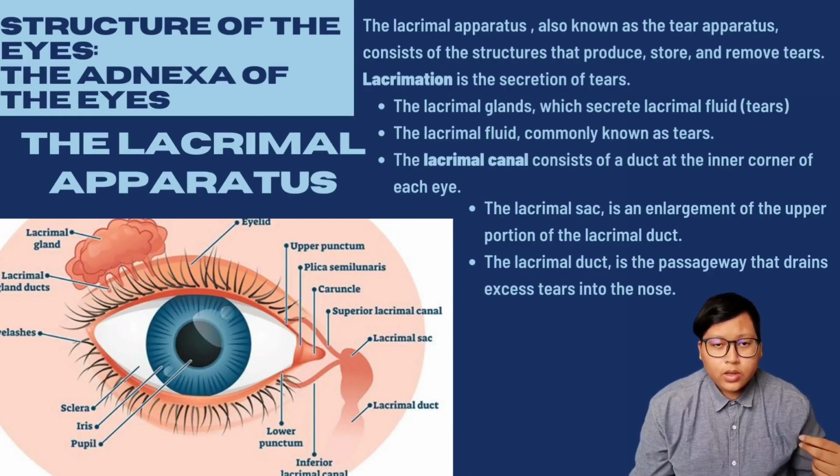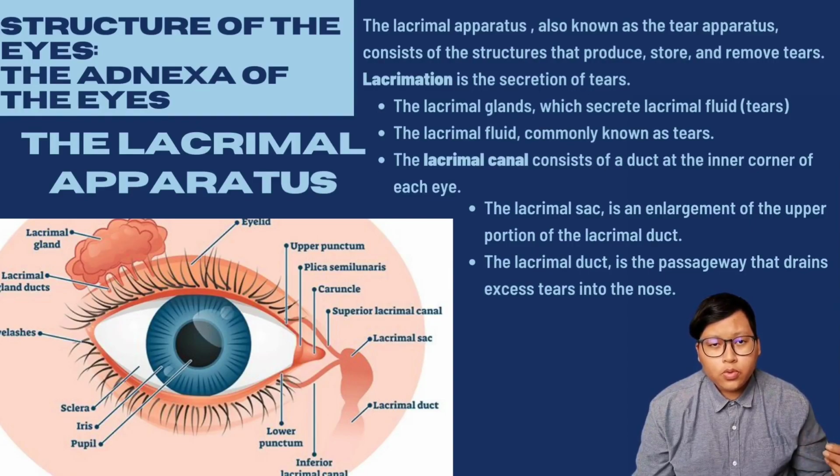The lacrimal glands secrete lacrimal fluid, which is tears, and are located on the underside of the upper lids, just above the outer corner of the eye. The lacrimal fluid, commonly known as tears, maintains the moisture of the anterior surface of the eyeball.